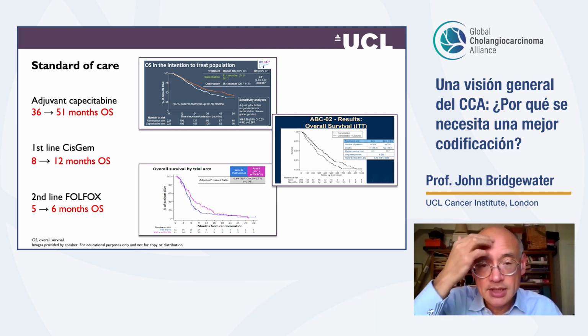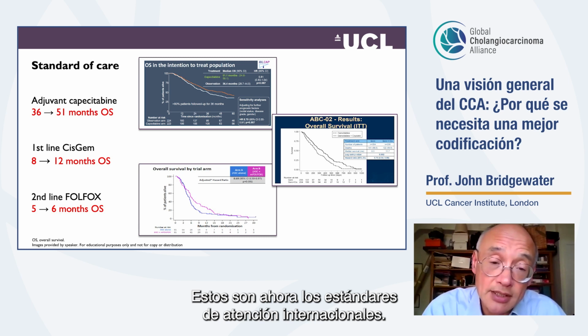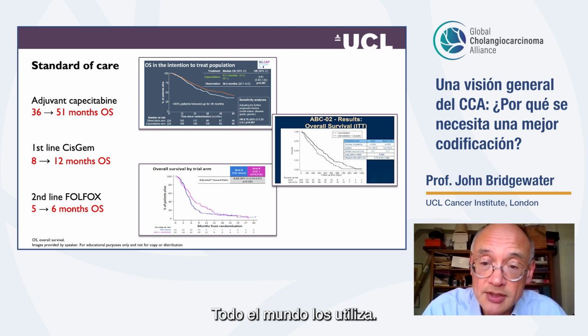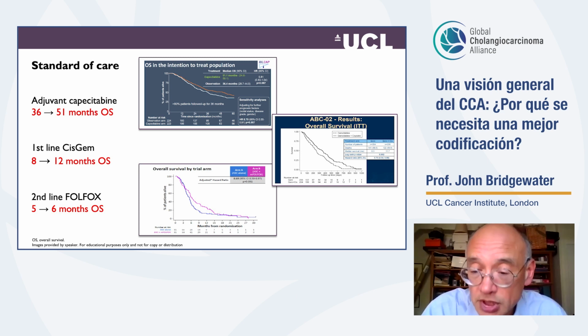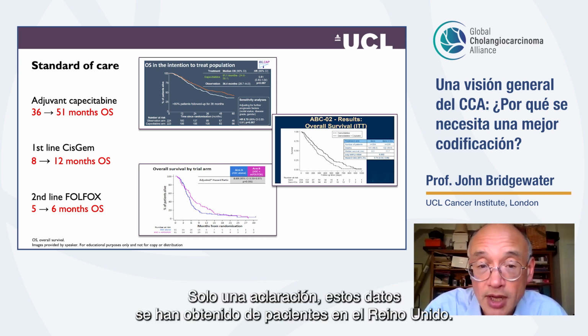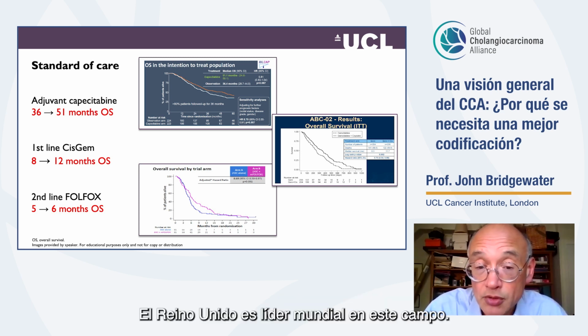So these are now the international standard of care. Everybody else in the world uses these. Just a point, these data were derived from patients in the UK. The UK is leading the world in this field.